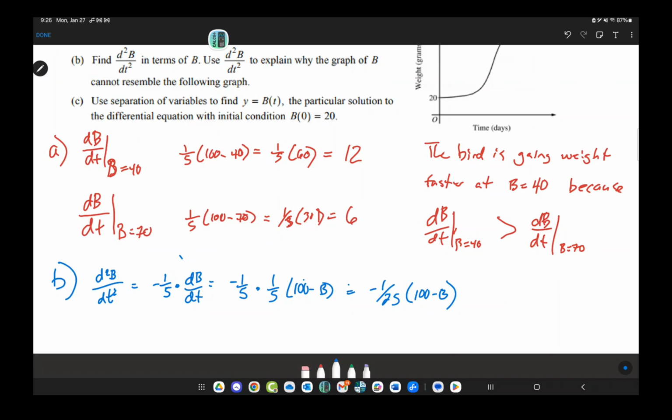Derivatives are used to find the instantaneous rate of change, so taking the second derivative allows us to find the rate of change of the rate of change. We cannot just say that the second derivative is negative 1/5, because that's just the derivative of the rate. So we took that rate and multiplied it by the original rate: the derivative of the rate times the rate. Negative 1/25 of 100 minus B.